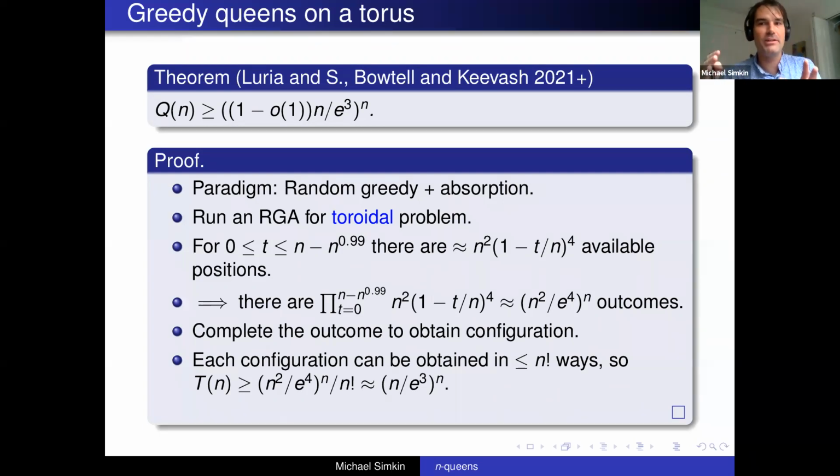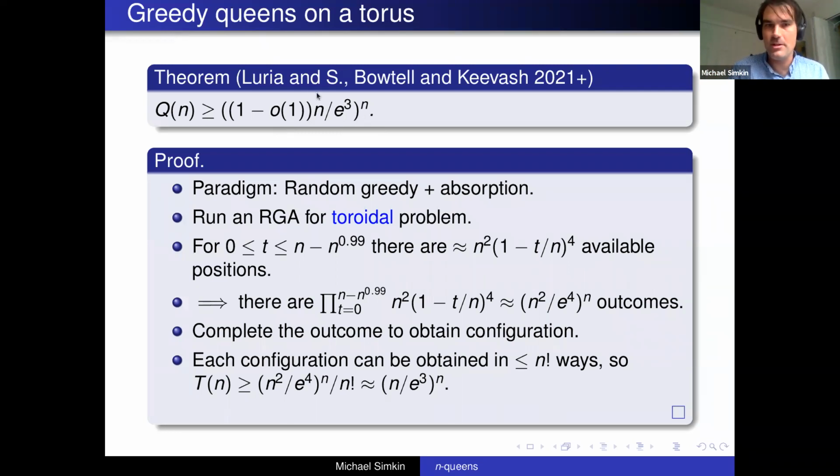So you run the random greedy algorithm as if you're doing it for the toroidal case, and this is fairly easy to analyze with existing tools. But then once you get stuck at the end, you no longer work on the torus. Now you just work on the classical problem, and you can complete this to an exact solution. I'll show you how in a moment. But this gives this upper bound up here, (n/e^3)^n, on the number of solutions to the classical problem.